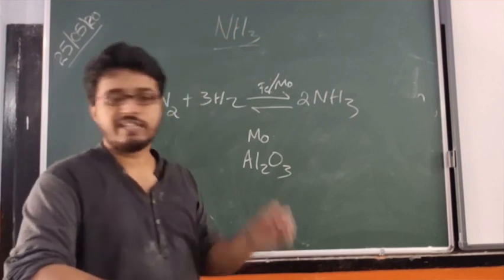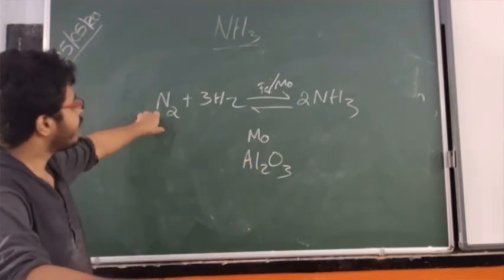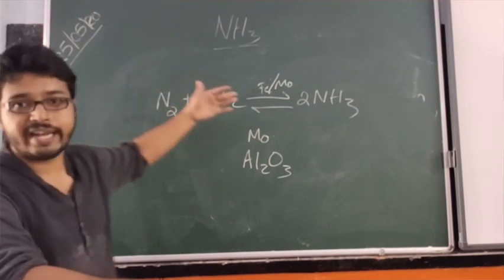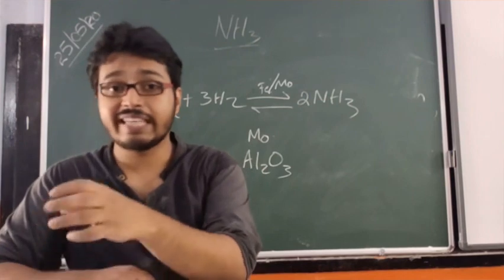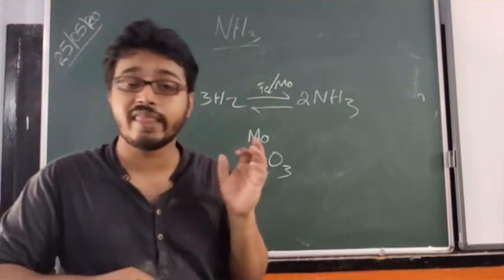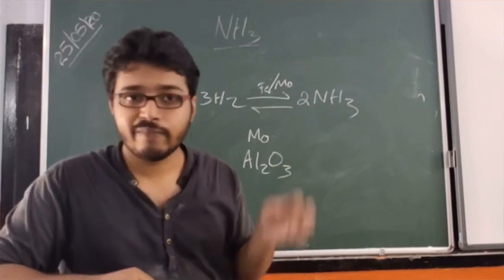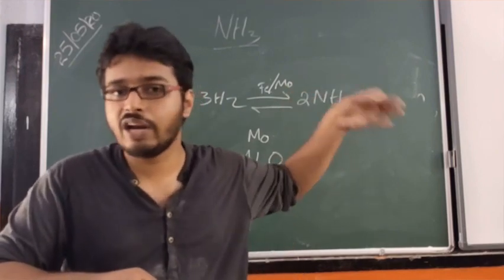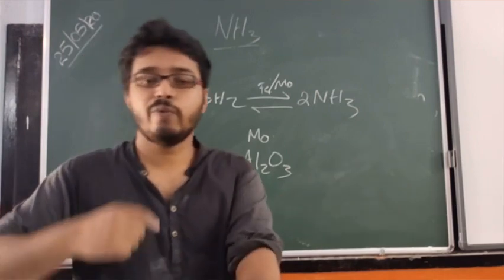There is one more thing that we should discuss, that is the reactants N2 and H2. When we are giving N2 and H2, if any of these four gases are present along with nitrogen and hydrogen, they can reduce the activity of the catalyst. It can reduce the yield of ammonia that is produced in the Haber process.